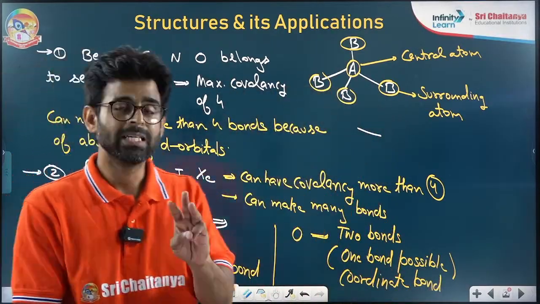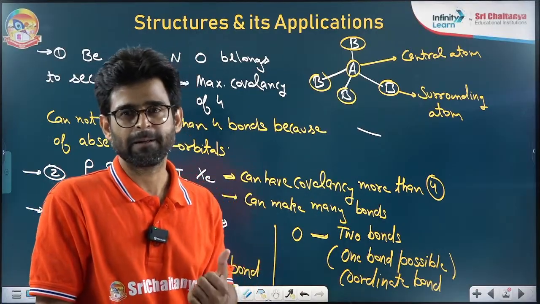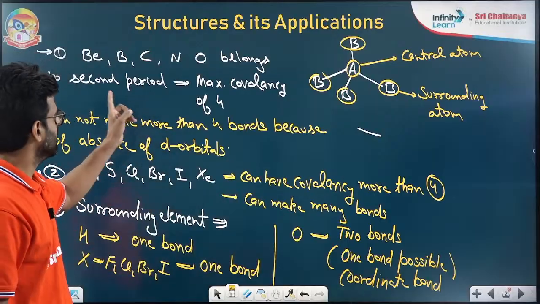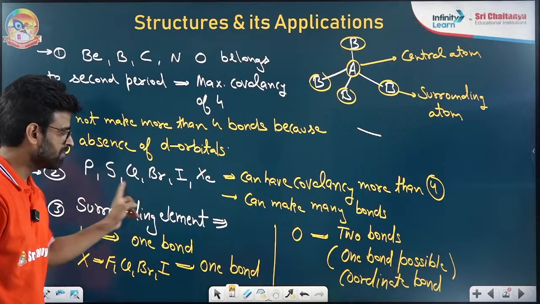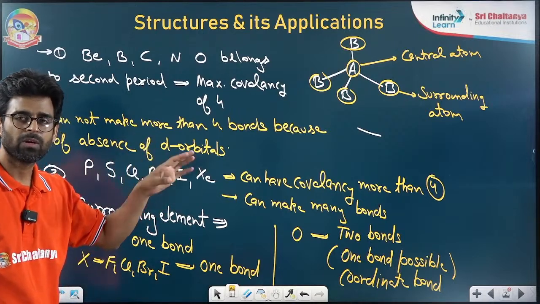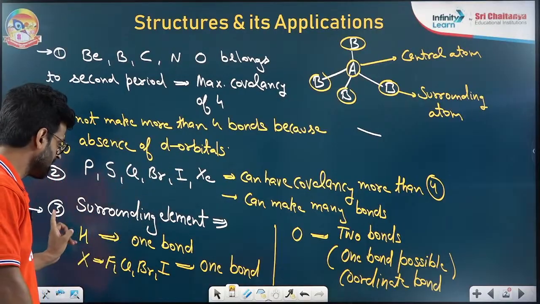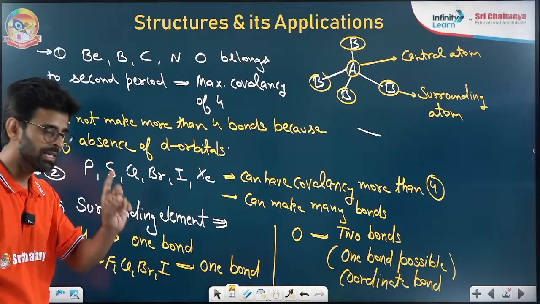So these are the 3 points we have to take care of. Remaining things are very, very easy. Second period elements can't make more than 4 bonds. If any of these come from the third period or below, they can make many bonds, more than 4, like 5, 6, 7. Hydrogen as surrounding makes only 1 bond.